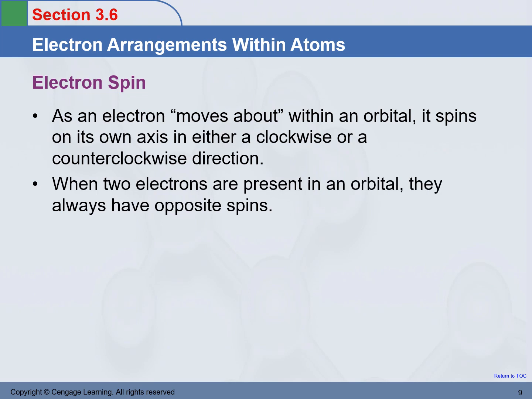And if there are 2 electrons within the same orbital, remember an orbital can hold up to 2 electrons, those 2 electrons will take opposite spin. If one spins clockwise, the other will spin counterclockwise. That concludes today's lecture.